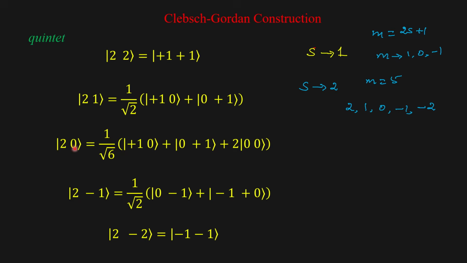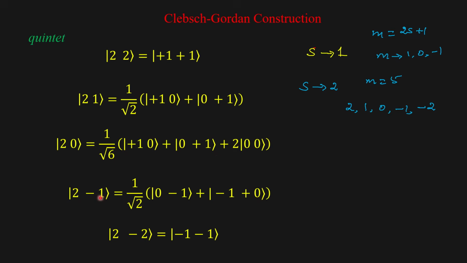Then what about 2 0? When it is 2 0, as per the Clebsch-Gordan coefficients, the coefficient is 1 over square root 6. Then the vectors are plus 1 minus 1, minus 1 plus 1, then 2 times 0 0. All are symmetrical. Even if you swap these, the sign will not change.